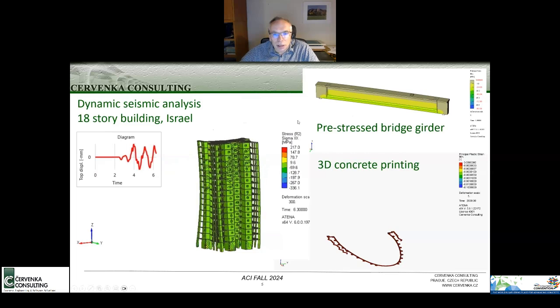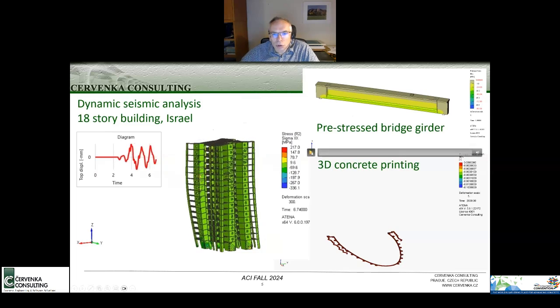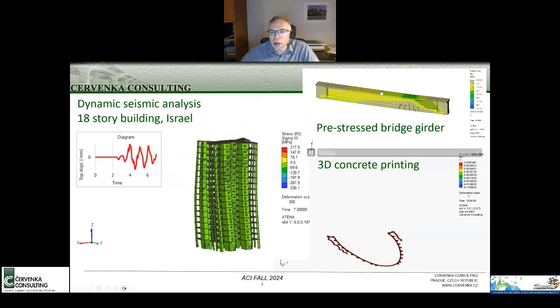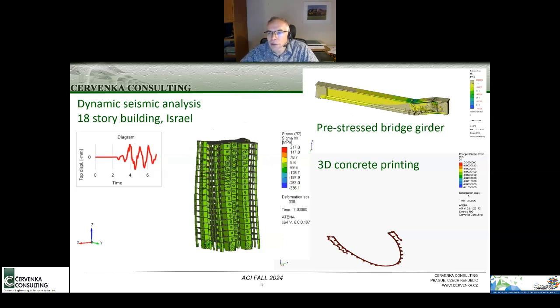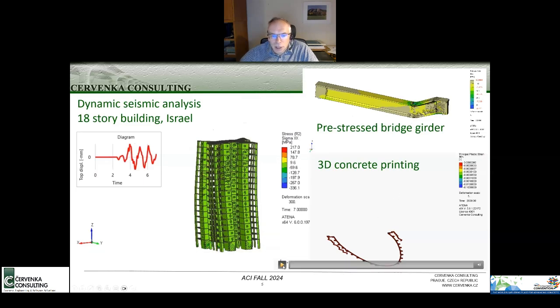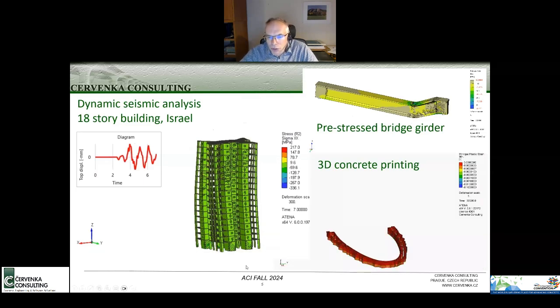But of course we can analyze other structures also. Another model I want to show on the top right is the failure modeling and calculation of the ultimate load carrying capacity of a prestressed, reinforced concrete precast girder failing in shear. And I mentioned this technology of 3D printing.